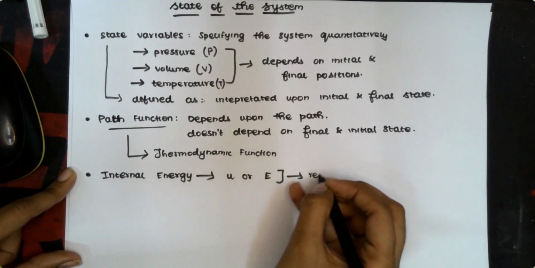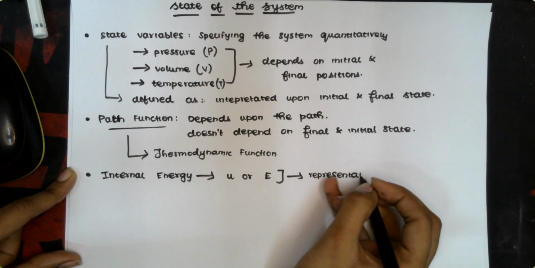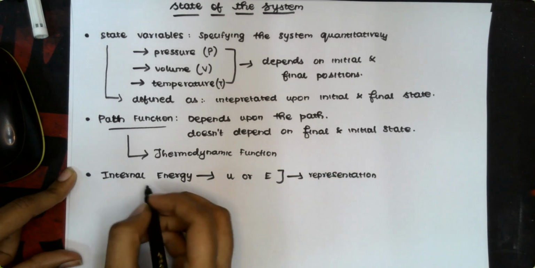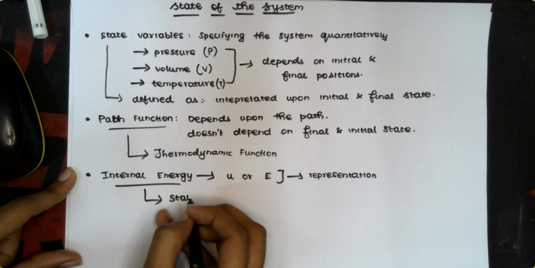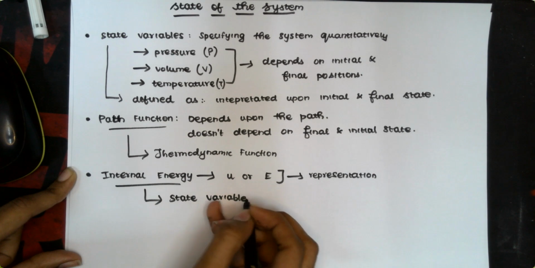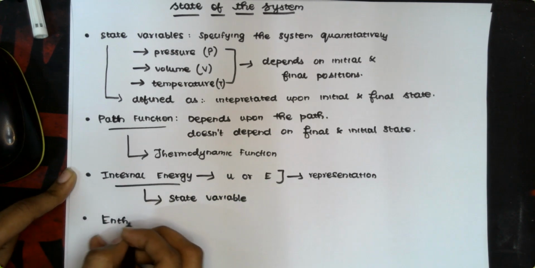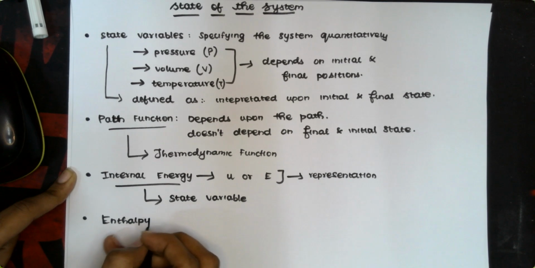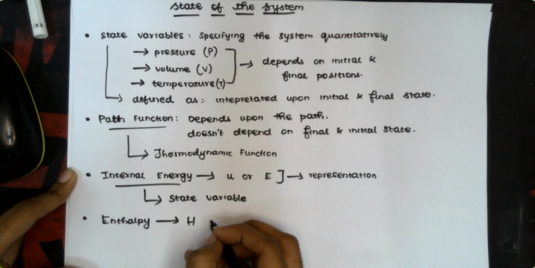It depends on the initial state and final state only. And it is a function of temperature and volume of the system. But there is another term called enthalpy that is represented as H, capital H. So this capital H, that is enthalpy, is also called heat content.